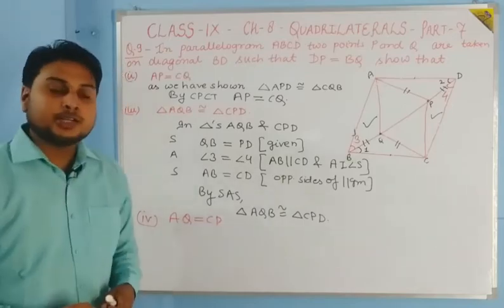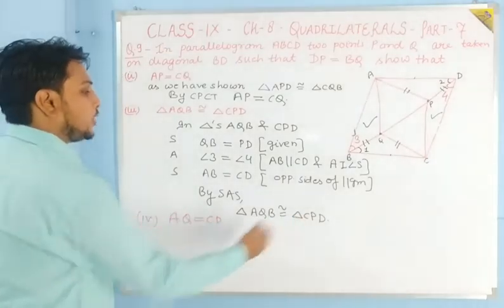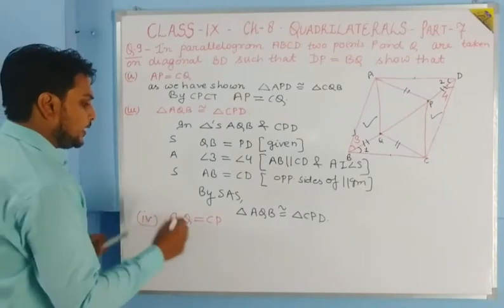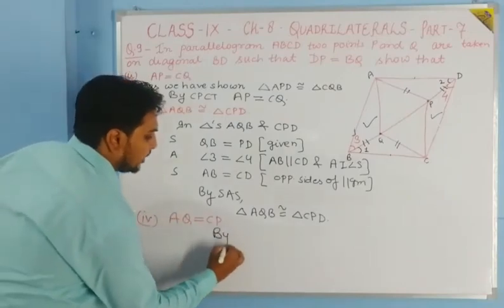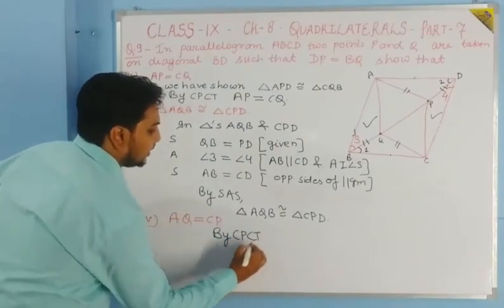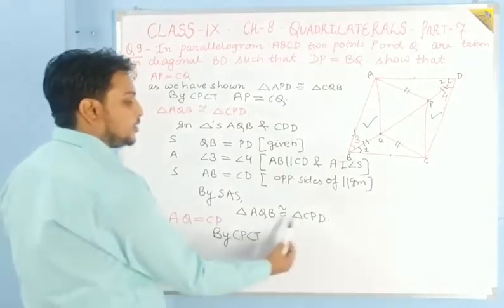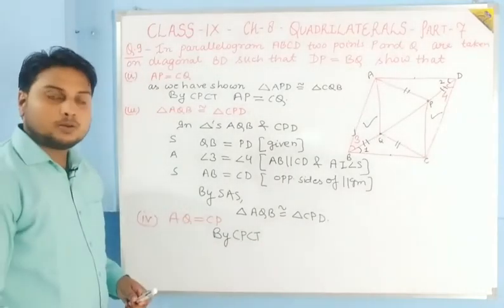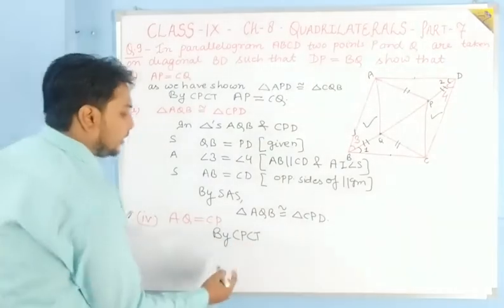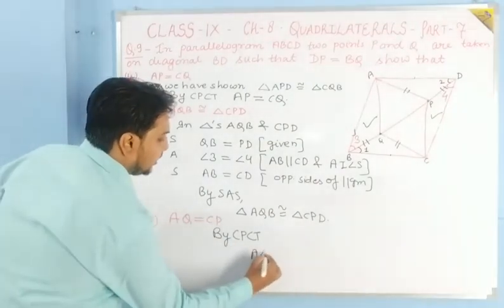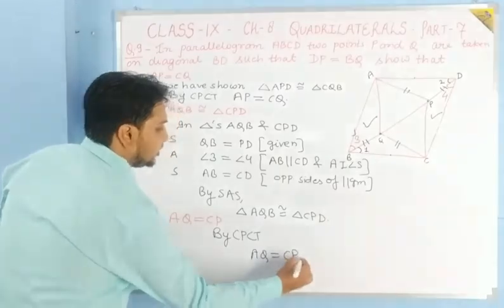Students, if we have shown that these two triangles are congruent, then easily with the help of CPCT we can directly write that AQ is equal to CP.